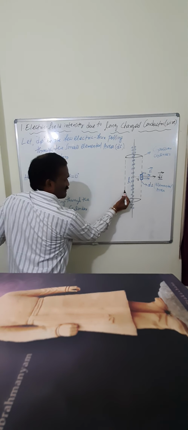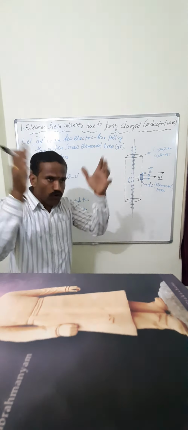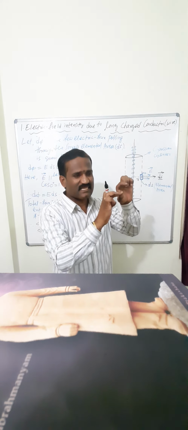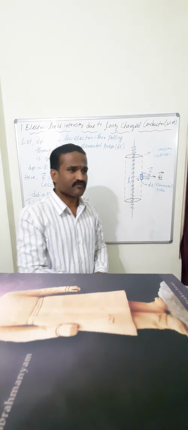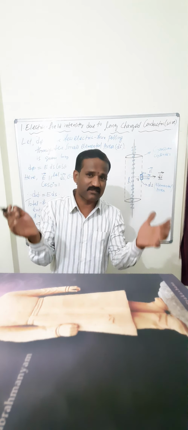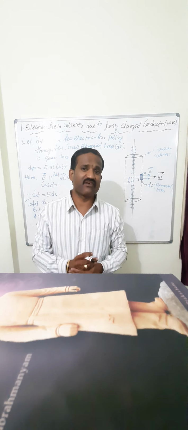If you add all the elemental areas, the whole Gaussian cylinder is divided into small elemental areas. Each elemental area is ds. The summation of ds will give us the total S, the total surface area of the Gaussian cylinder.